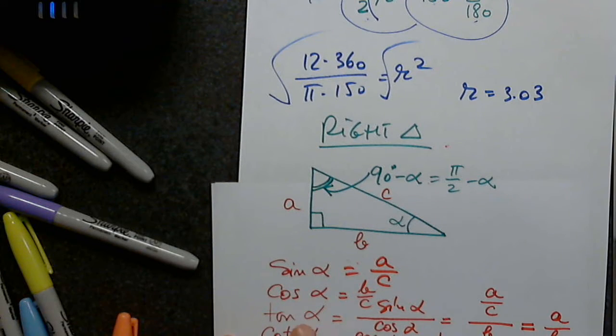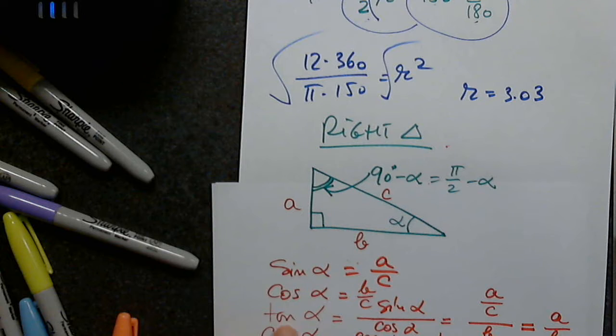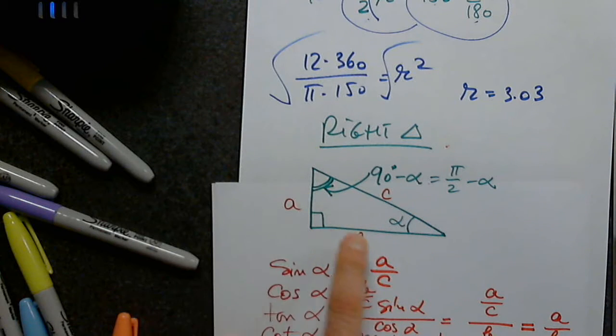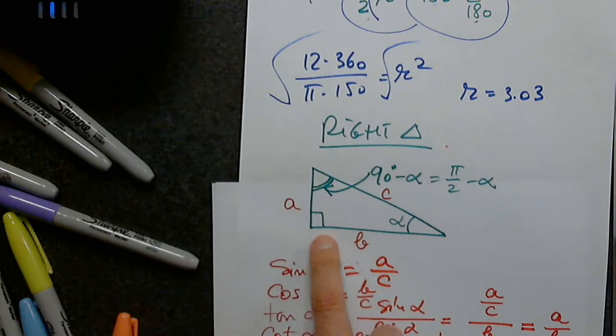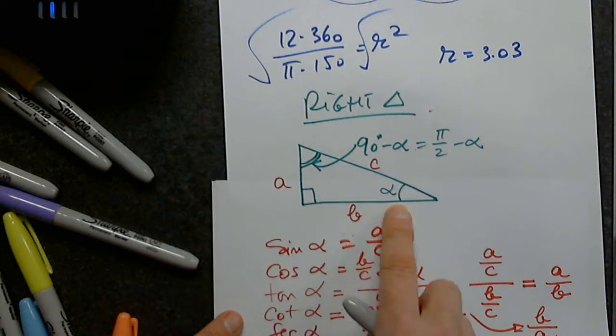So I did not show tangent and cotangent in the right triangle. Let's do that now. So tangent alpha, by definition, very important, it's the opposite leg over the adjacent leg. The measure of the opposite leg over the measure of the adjacent leg. What is cotangent? The reverse. It's the adjacent leg over the opposite leg.